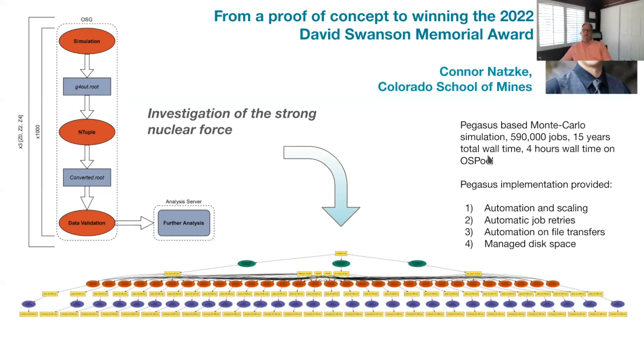He came in and he already had a DAG that he ran successfully in OSG, but he still felt like, to scale this up and make the computation even bigger, he switched to Pegasus, and it wasn't that big of a switch, right? Because he already had a DAG, he already had it written down on the whiteboard. And he ended up with this little workflow you see in the bottom here.